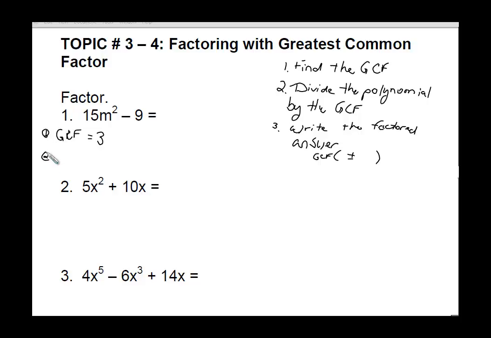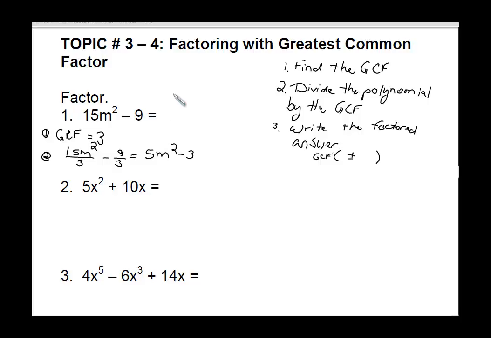Step 2, we divide the polynomial by the greatest common factor. So you have to divide each element of that polynomial by, in this case, 3. And you're going to get an answer when you do that. 15 divided by 3 is 5. And you still have an m squared. And minus 3. 9 divided by 3 is 3. So we've done our division, step 2.